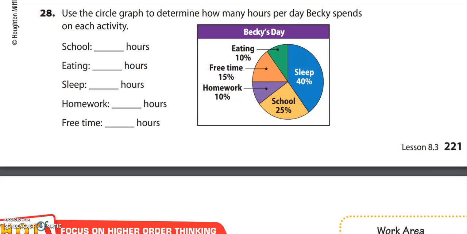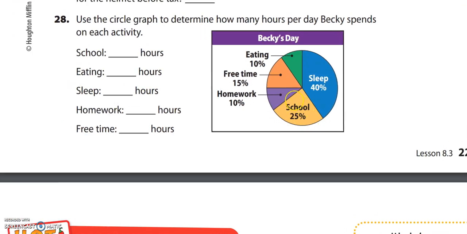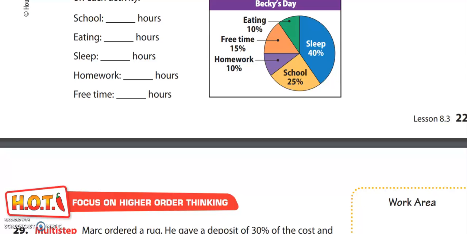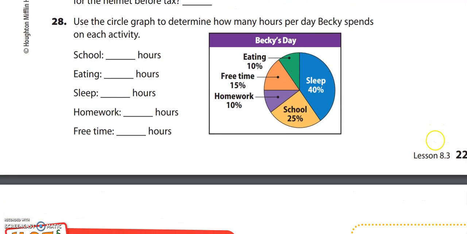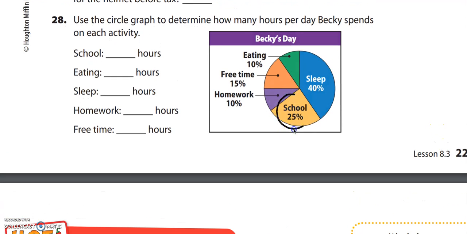So for school, it says 25%. Check this out right here. Right here it says 25%. So what that means is that you need to find 25% of 24 hours. And the way I think would be best to solve this is to recognize 25% as a benchmark.